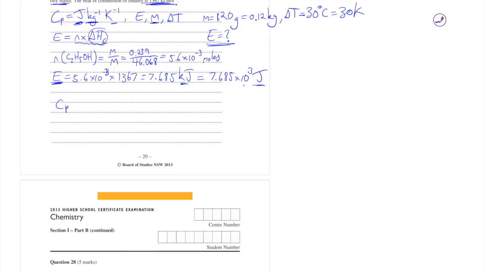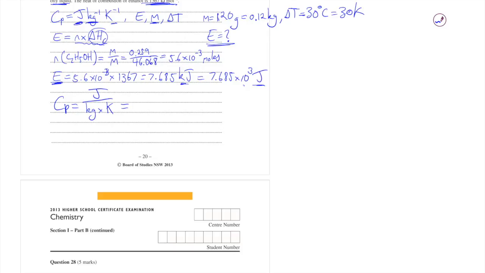So we've got Cp equals joules per kilogram per Kelvin, and that's of course changing Kelvin.